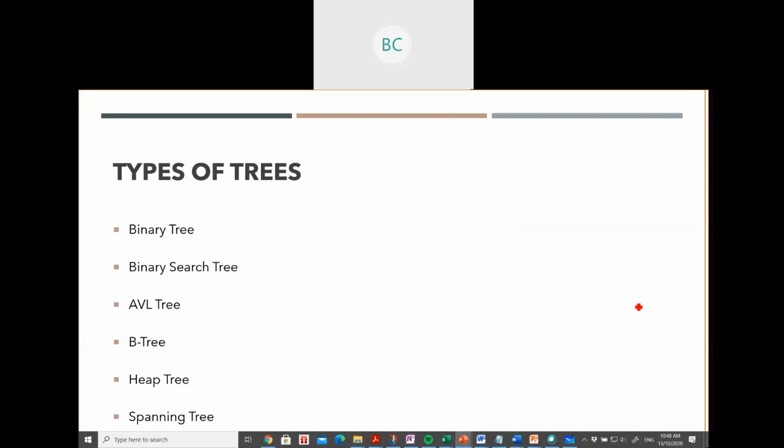Okay, now can you tell me what is the advantage of a tree over your previous data structures like stack, queue, and linked list?